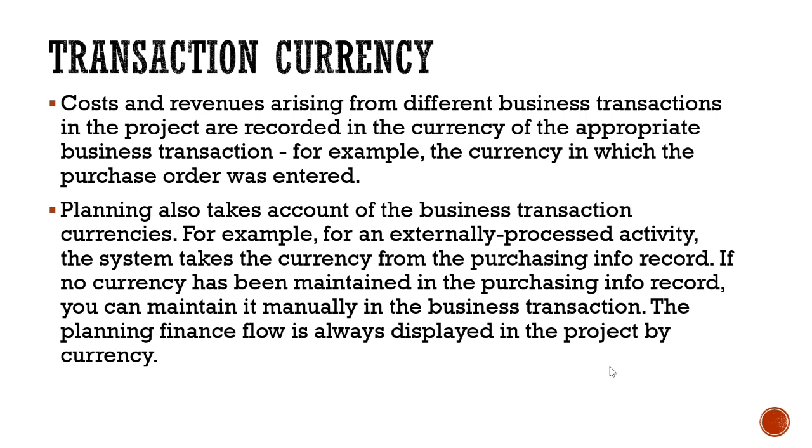Okay, the costs and revenues arising from different transactions are recorded against the project. They can be of different currencies based upon the transaction. For example, costs and revenues. Cost means I procure something, that is an expenditure to me, and I have to make the payment to my vendor who is providing the material.